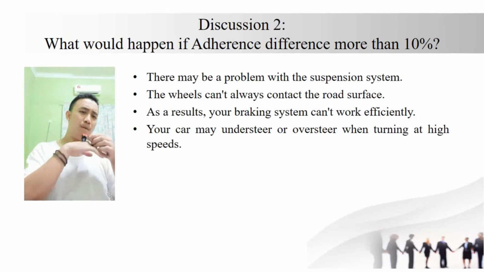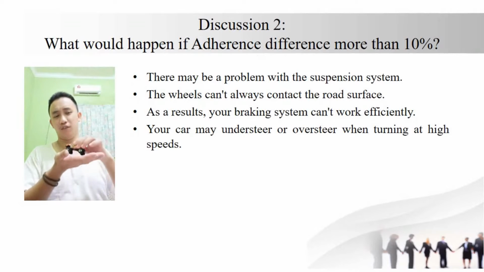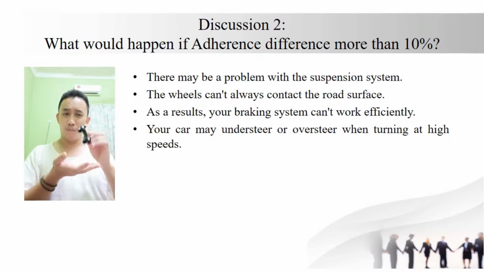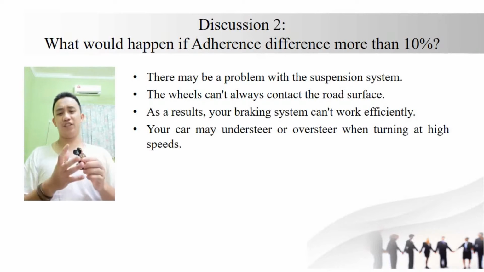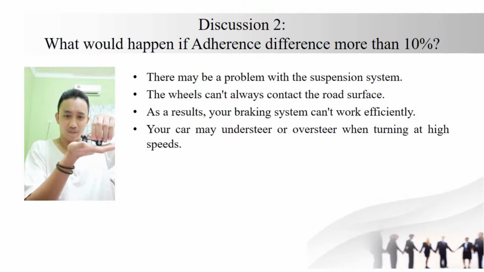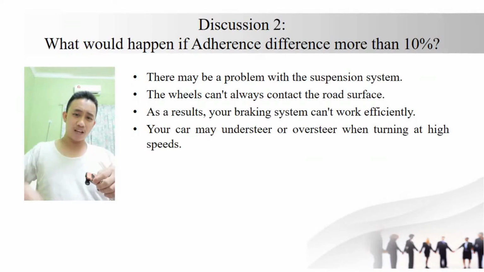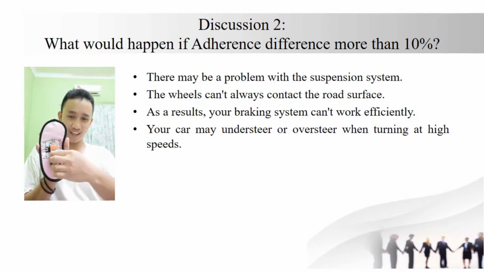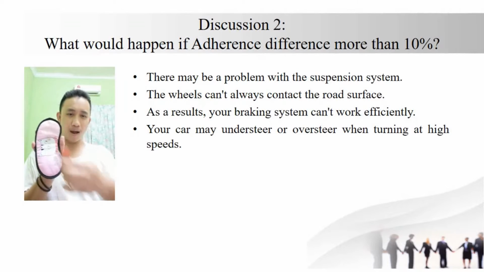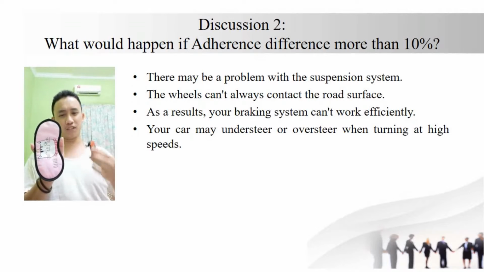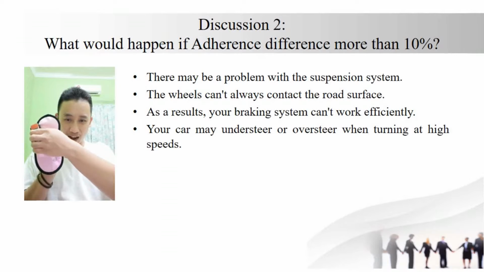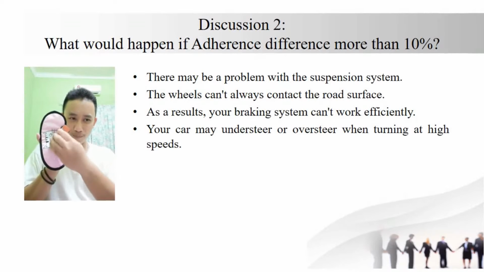So what happens when the wheel cannot contact the road surface? It is a big problem, because your brake system may not work efficiently when it cannot connect with the surface. Maybe your car with good efficiency can turn at high speed, but because your braking system has some problems, you may understeer or overshoot.